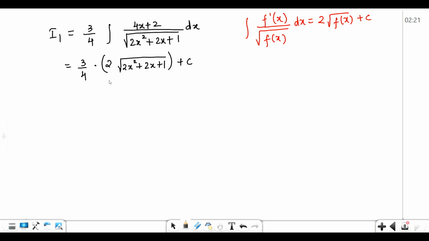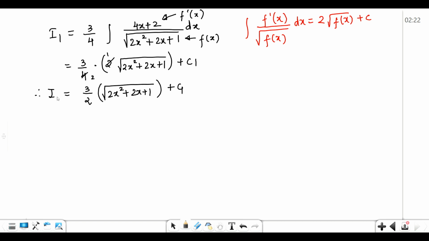So here is your f dash of x and this is your f of x. Hope you understood. Now this 2 can be cancelled, so that we get 3 by 2 square root of 2x square plus 2x plus 1 plus c1.